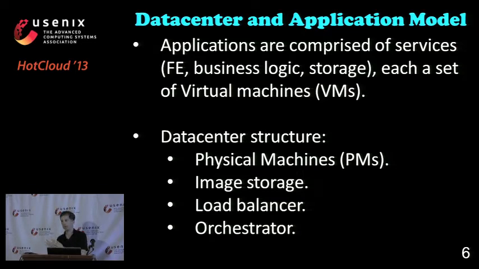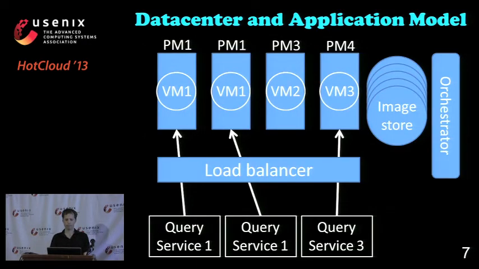It has the image storage, from which the images are loaded to the physical machines. There is a load balancer that has to direct requests to the actual PMs currently running the VMs of the service that the request is destined to. And we have an orchestrator that has to manage all this: boot machines, update the load balancer, and so on.